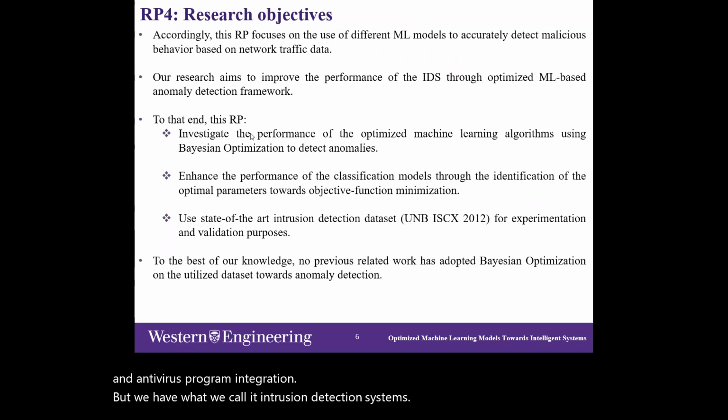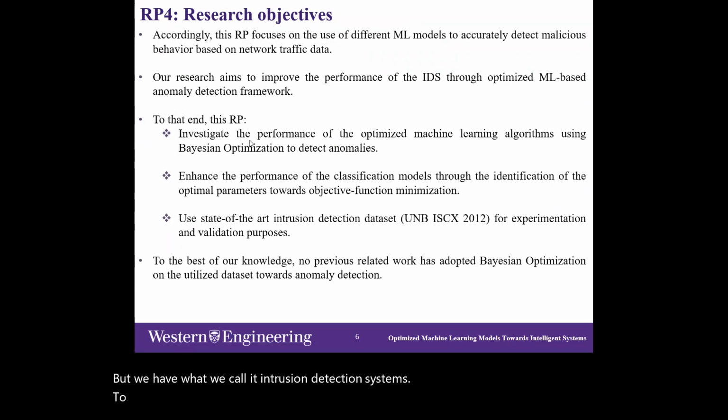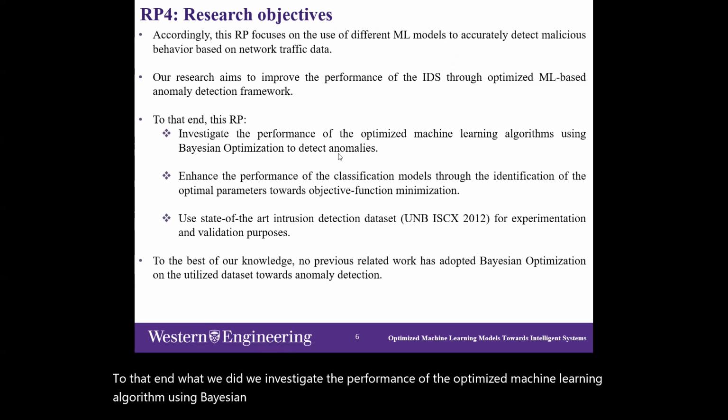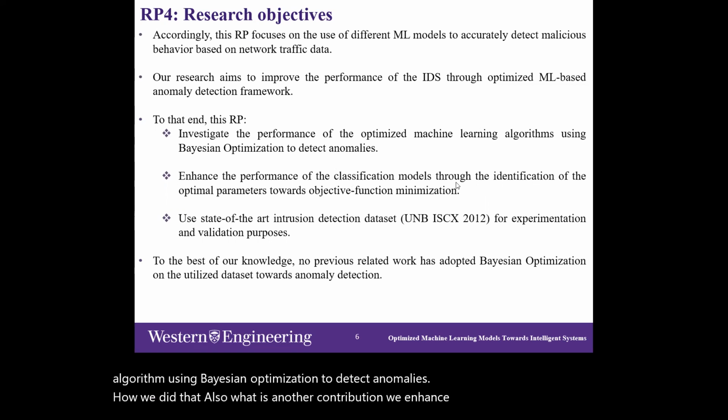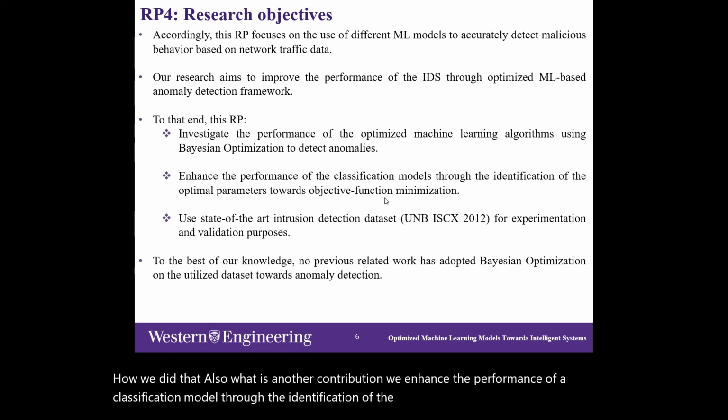To that end, we investigated the performance of optimized machine learning algorithms using Bayesian optimization to detect anomalies. What is another contribution? We enhanced the performance of a classification model through the identification of the optimal parameters toward objective function minimization.